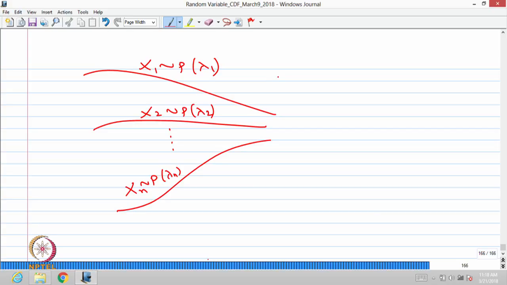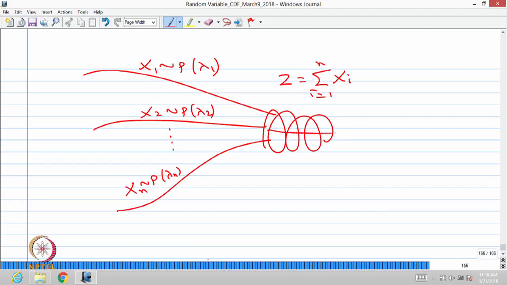If I make a random variable Z which is nothing but the sum of the Xi's, so that I end up with only one random variable by summing all the random variables, this is going to be a Poisson distribution with the sum of their parameters.